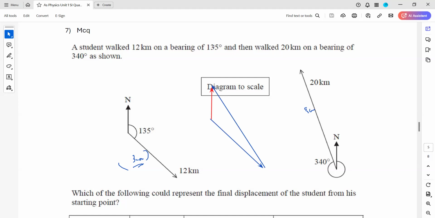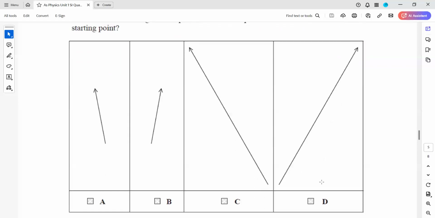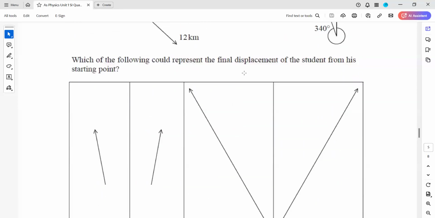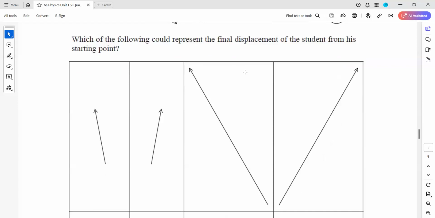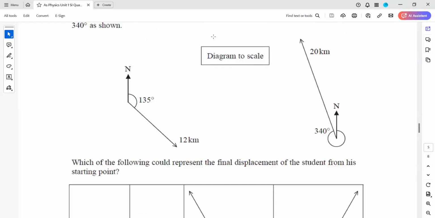That will be the resultant. So A, B, C, or D, we have different options. When you complete the diagram, it will be somewhat like this.